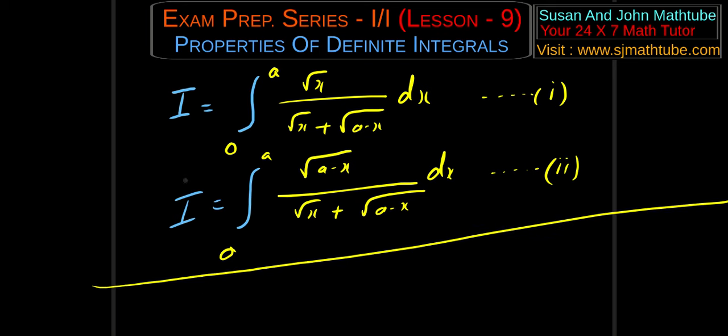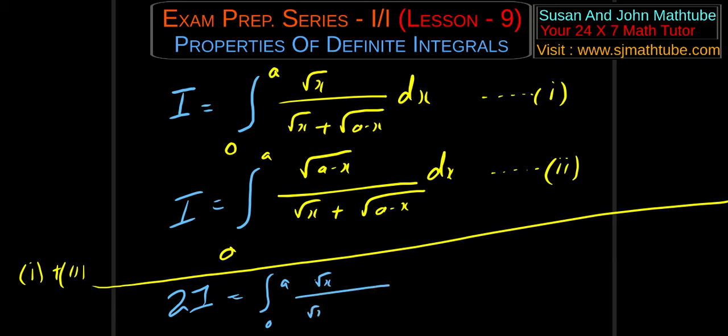And that is equation number 2. Now what we do is, we are going to add equation 1 and 2. Equation 1 plus 2. I plus I, 2i is equal to integral, which is common because the limits are same. So root x by root x plus root a minus x plus root a minus x by root x plus root a minus x.